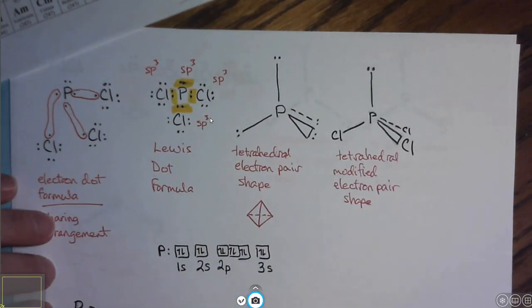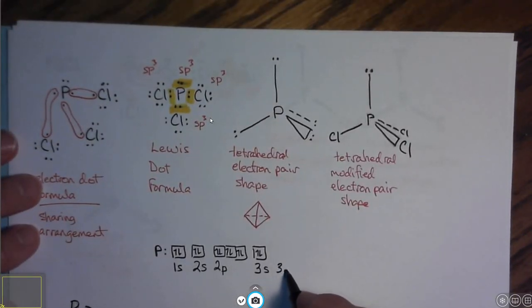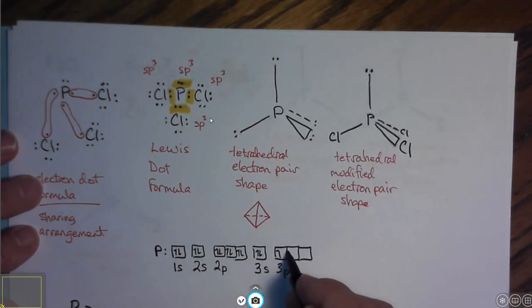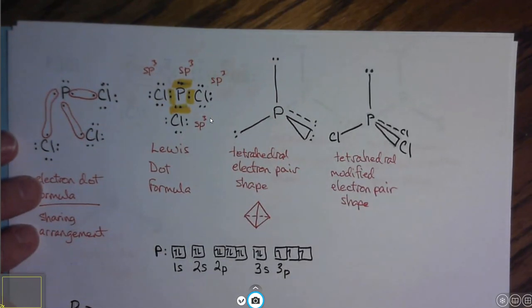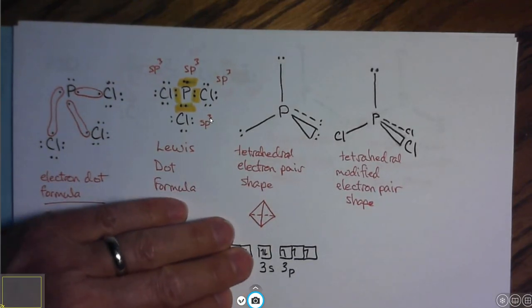And then when I get to p, that's 3p. I have 3 orbitals, and I put 1 electron in each orbital, and I stop when I've got enough electrons. There's the 5 valence electrons there. The valence electrons are those in the highest energy level. 3 is the highest energy level. And then you go back.